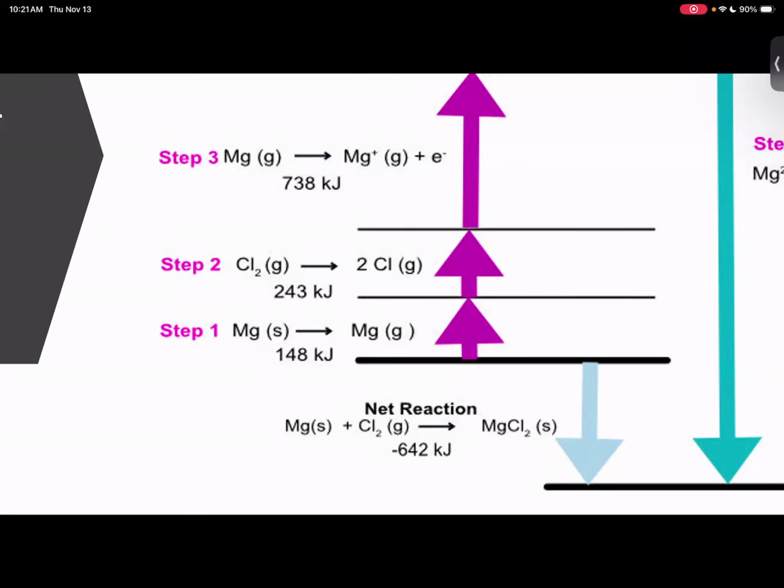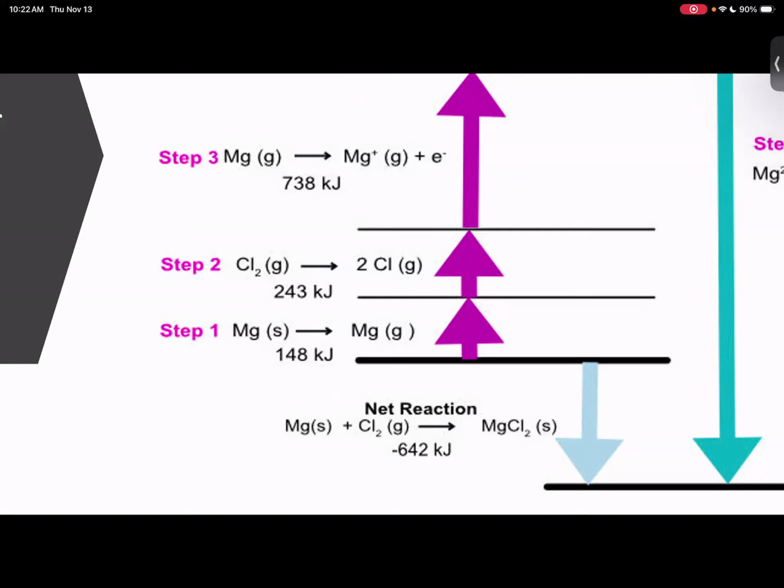That is step number 1. That is going to be its enthalpy of sublimation. Yes, we are going to take chlorine gas and convert that into 2 chlorine atoms. That is going to be the bond energy.